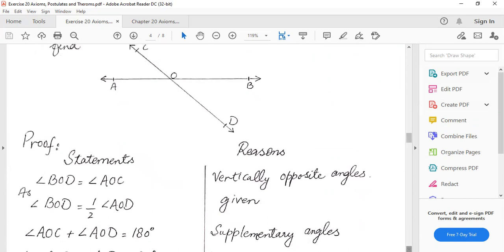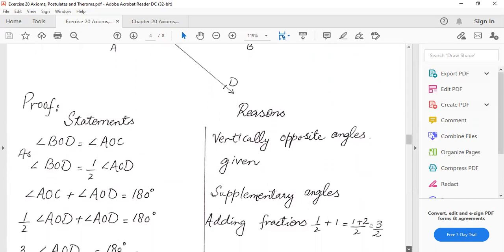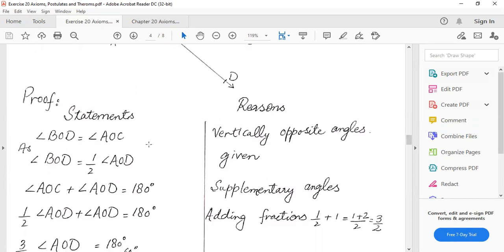Now the proof is based on statement and reason, and the third thing is the conclusion at the end. BOD is equal to AOC, vertically opposite angles, that is from the given. Then supplementary angles. Then half of AOD, and AOD is equal to, adding fractions, 1 by 2 from this one, 1 from this one, that is 1 plus 2 over 2, which is 3 by 2.